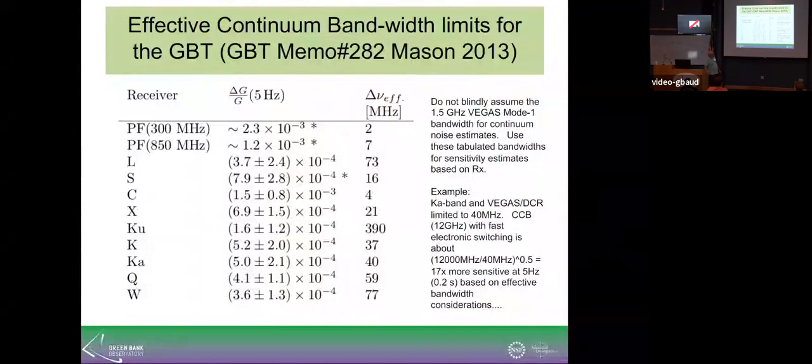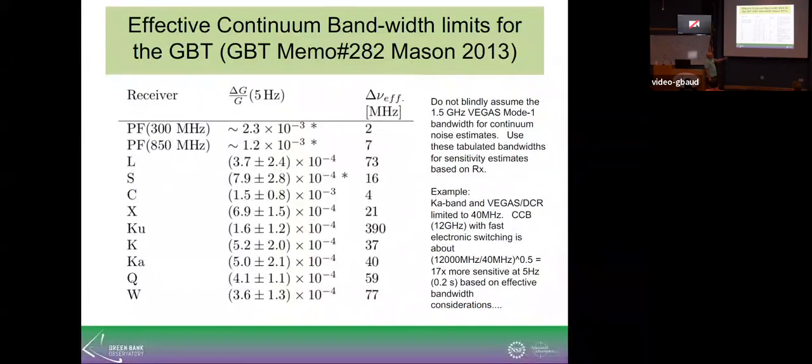Now, the effective bandwidth for our different receivers. What we mean is the bandwidth you effectively get that would match the radiometer equation and noise. Typically, to increase your sensitivity, like with spectral line, you can smooth your data over a wider bandwidth, for example.